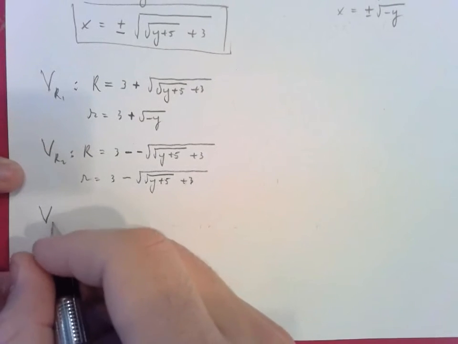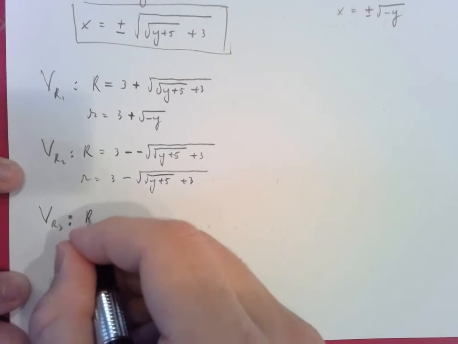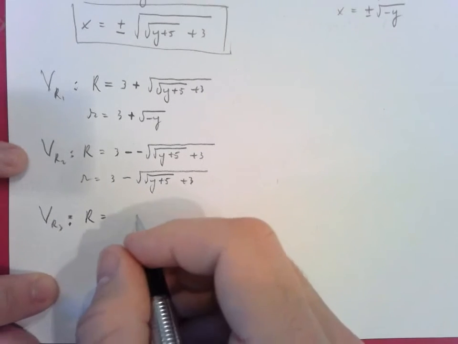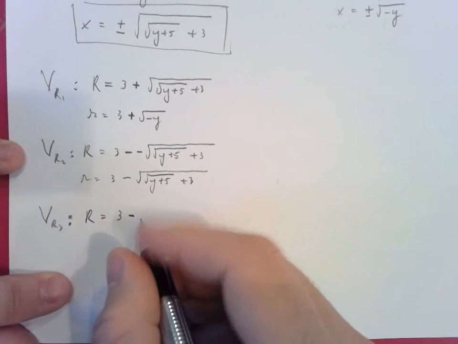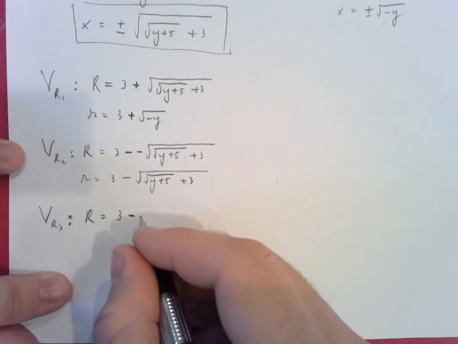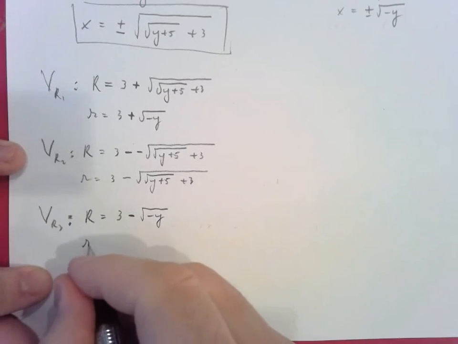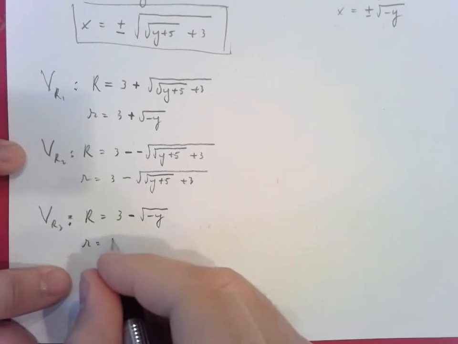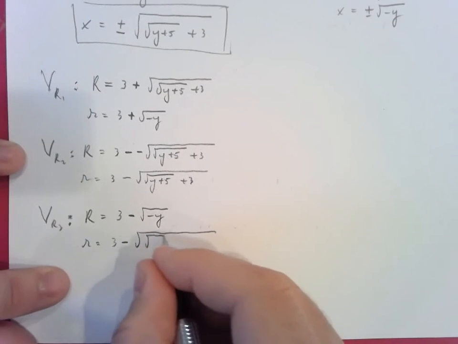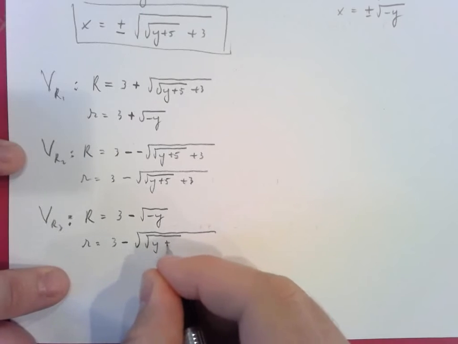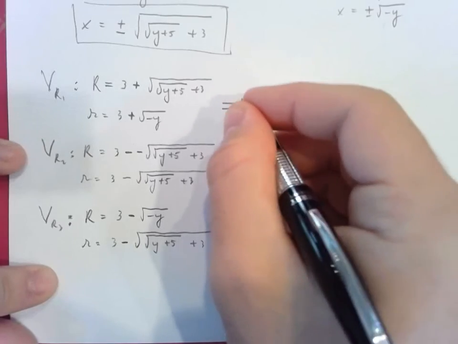And for the volume of region 3, the big radius is going to be 3 minus the positive root of the quadratic, and the little radius is going to be 3 minus the positive root of the fourth degree polynomial.